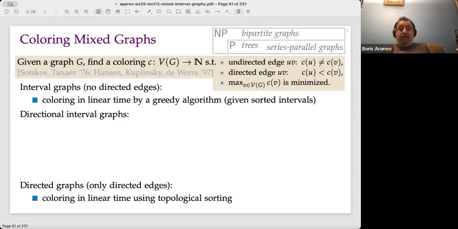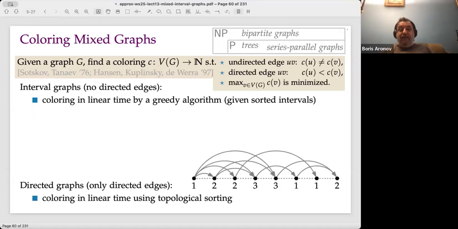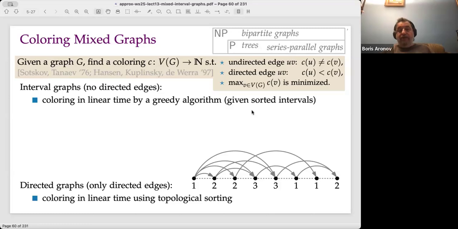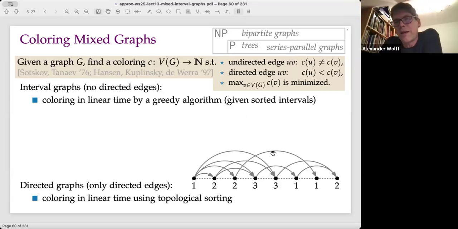Can I ask a question? Yes, please. In the example that you just gave, it seems like you have a directed graph, or is this an undirected graph? But this is a traditional coloring, right? Exactly. I'm looking at the traditional extremes.